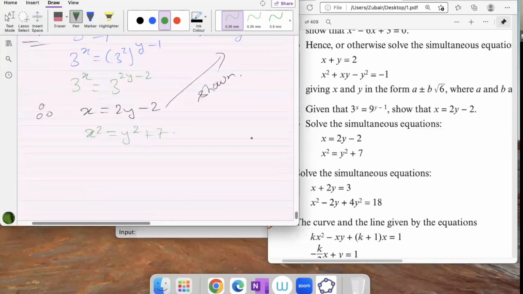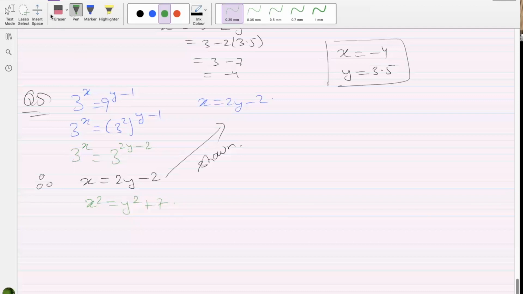So solving these two. Yes, Abbas. You've just done x equals y minus 1. Why did you do x equals 2y minus 2? Why did you convert it to that? Chapter 1, indices. Look at this: 3 raised to the power x equals, may I write 3 squared? Convert 9 into 3 squared.